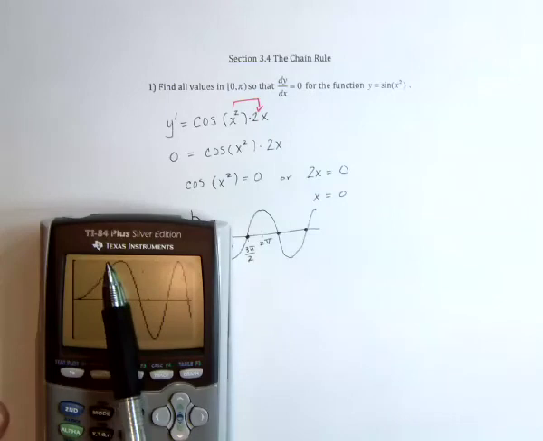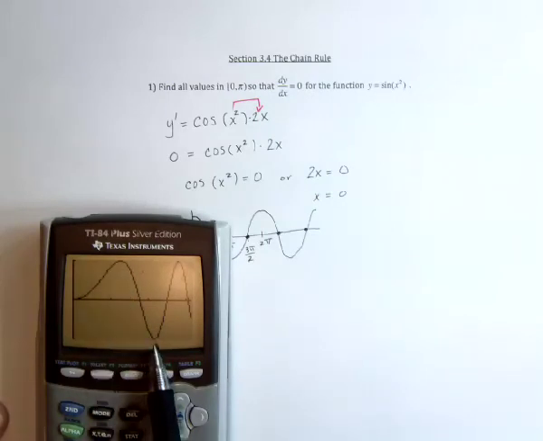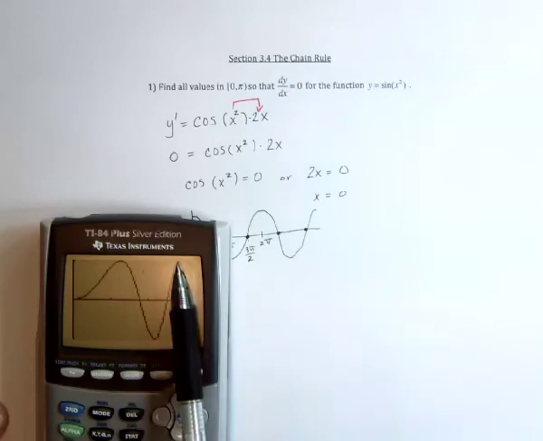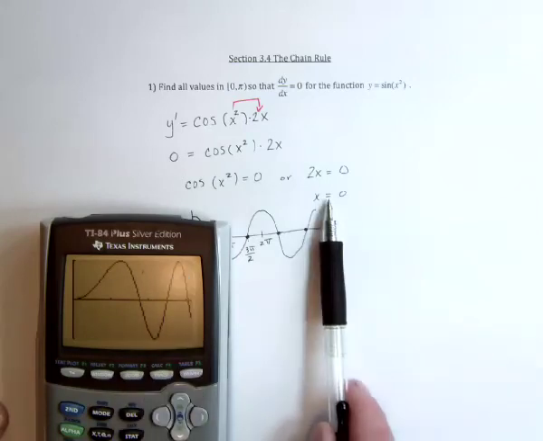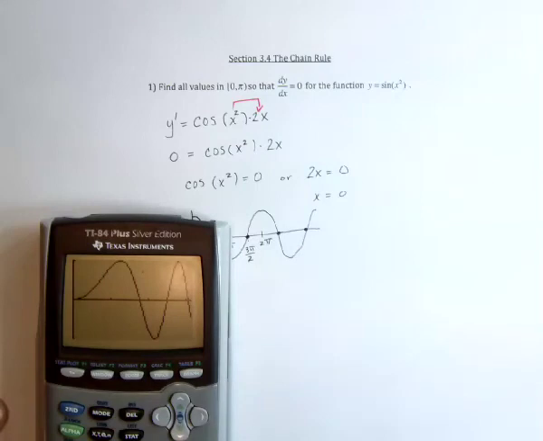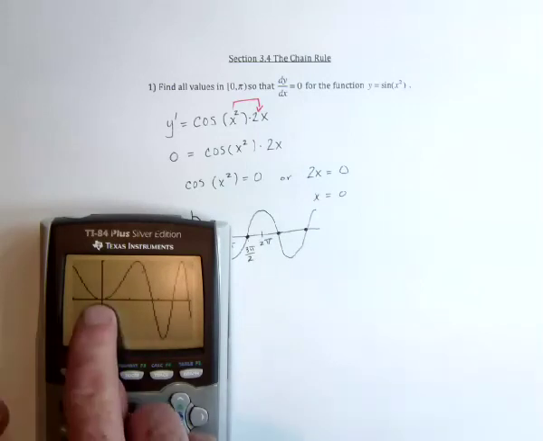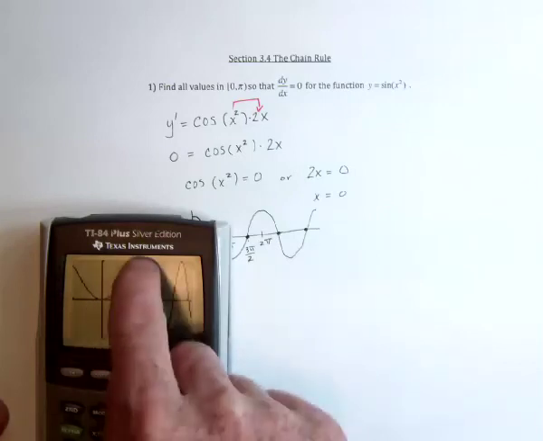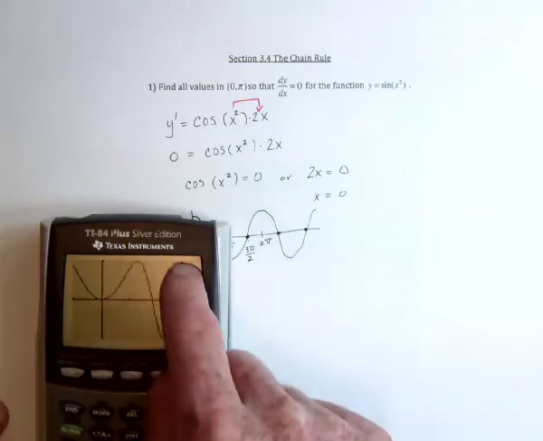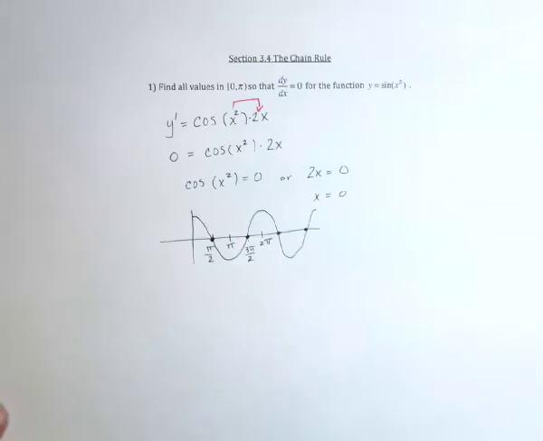So that would be a horizontal tangent line, which would happen right here, down here, and up there. And also we found that x equals 0. So if I change the window just slightly, have it go from -1 to pi, you can see that sure enough, x equals 0, there would also be a horizontal tangent line right there. So we need 1, 2, 3, 4 solutions. Okay, so keep the first 4 solutions.